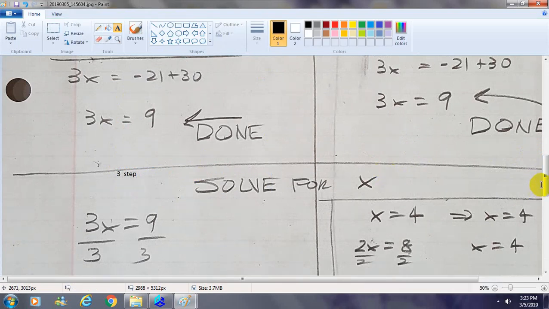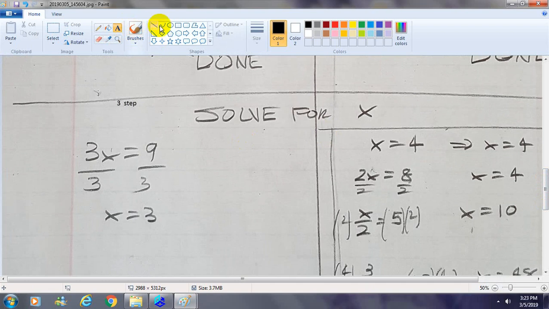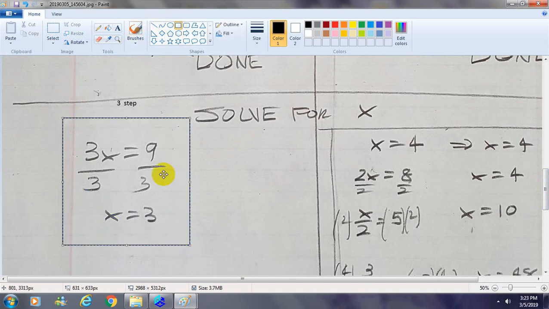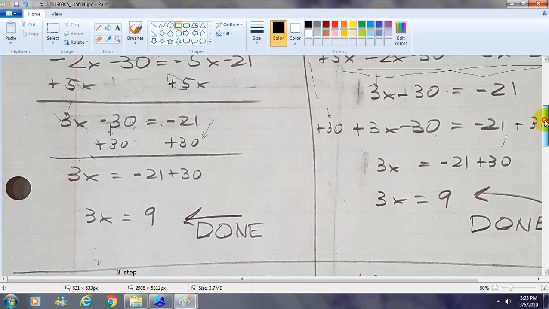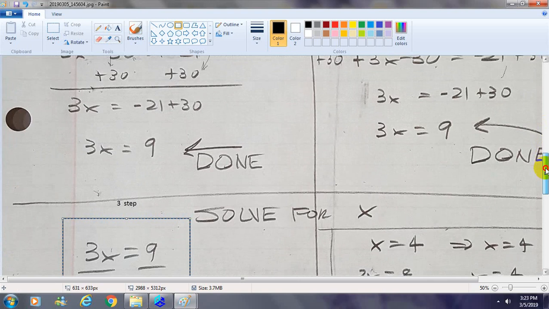The third step is you have to finally solve for x. So let's just look at this side here. You're left with 3x equals 9. You've got to get the x alone. Here you had to blow away the x stuff by adding and subtracting things, right? Now you have to get the x alone.